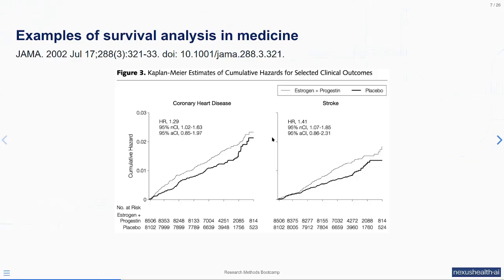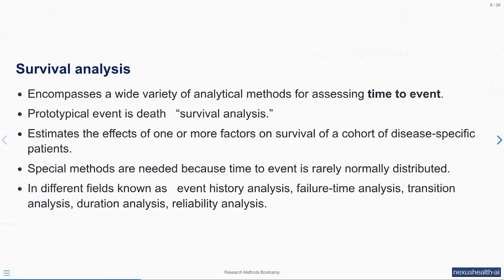So we've come across this in different studies, and so it encompasses a wide variety of analytical methods for assessing time to event. We've already stated that, and the prototypical event is death, hence the name survival analysis, but other events too can be analyzed. So it estimates the effects of one or more factors on survival of a cohort of disease specific patients.